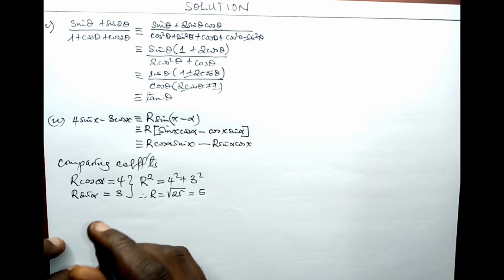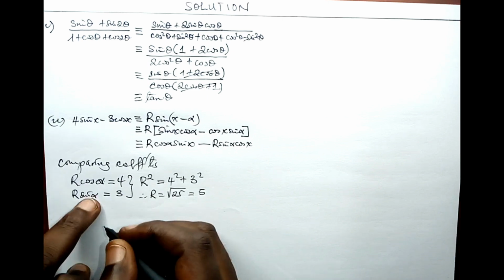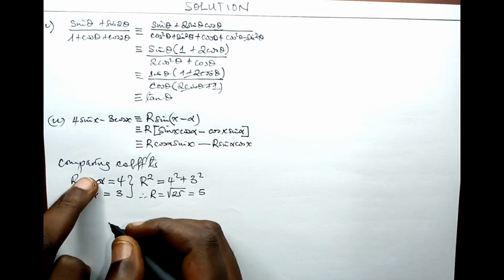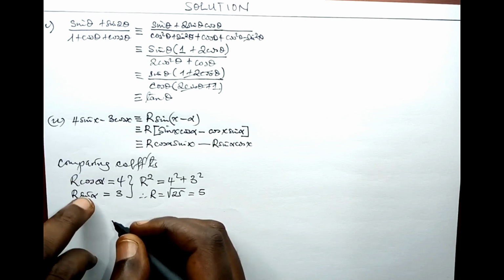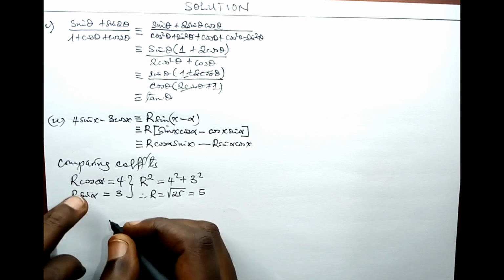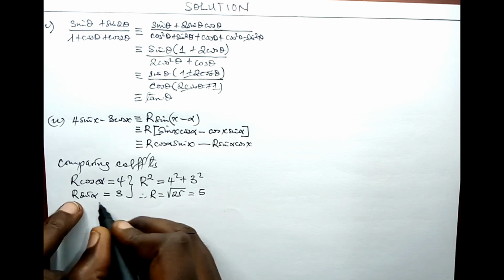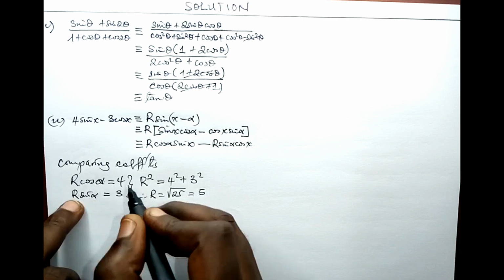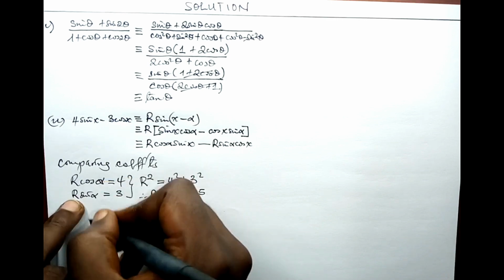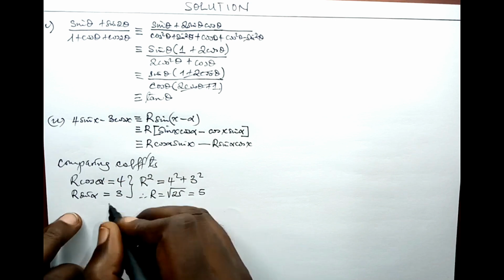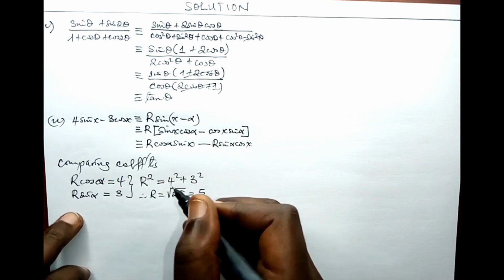Now to get alpha, I will simply divide these two equations in such a way that the sine is up and the cosine down. So I will divide this second equation by the first so that tan should come out. Don't divide the other way around. You will instead get cot, which might slow down your solving.